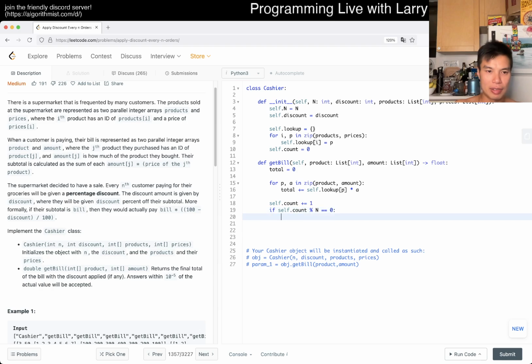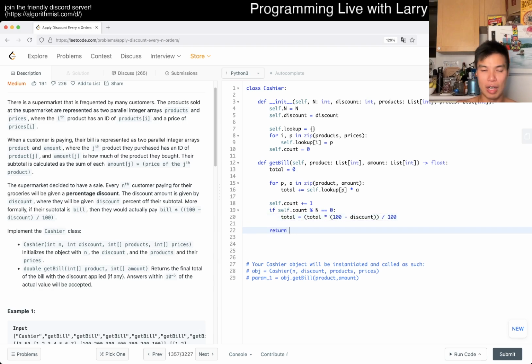If the count is a discount, then total times 100 minus discount, over 100, right? Is it like the int? I don't know. And then we just return, oh, it's a float.